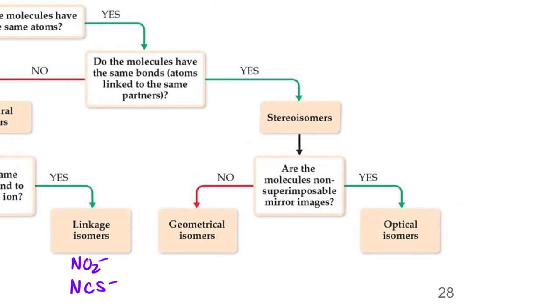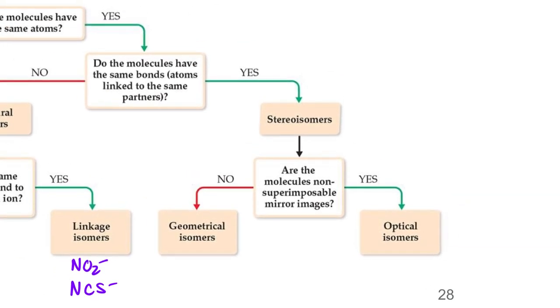And then the stereoisomers. These are where it's a little bit trickier. We have the geometrical isomers and the optical isomers. So the geometrical isomers, these are like your cis and trans complexes, and then the optical isomers are the ones that have mirror images that are not superimposable.